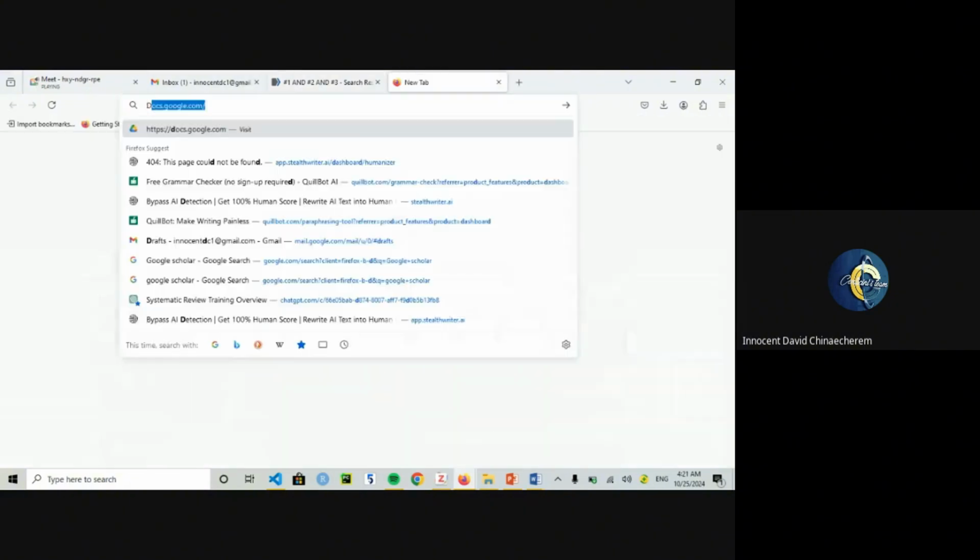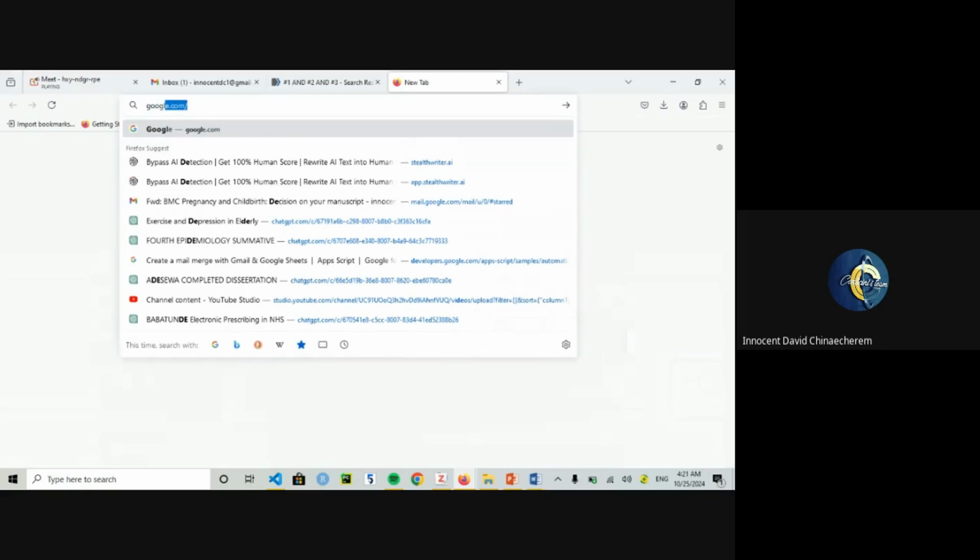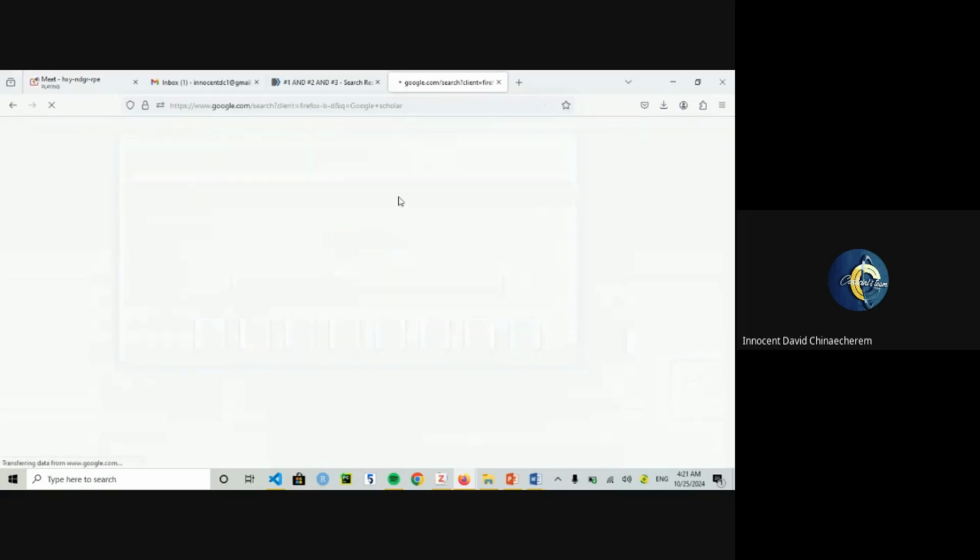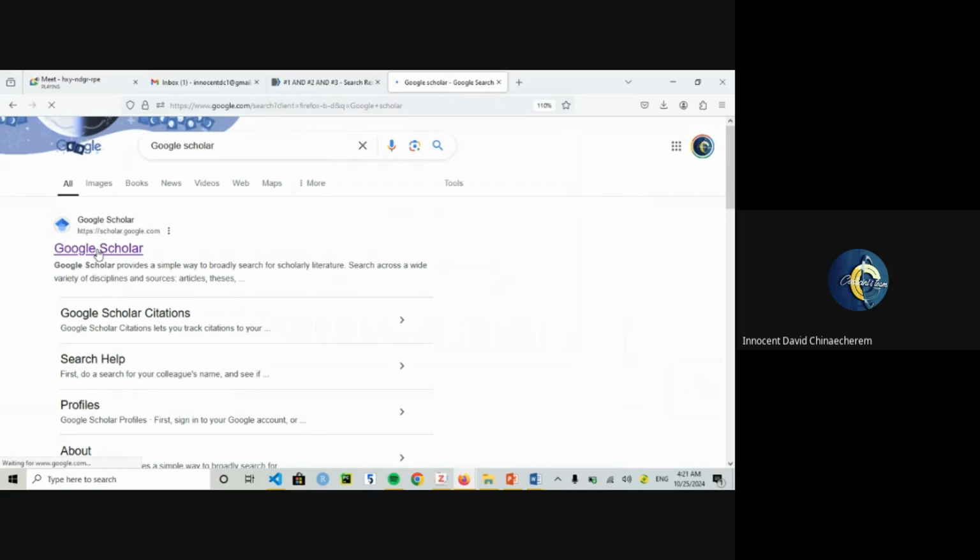So the next thing I'm going to do is move some of the files to my Google Scholar quickly.